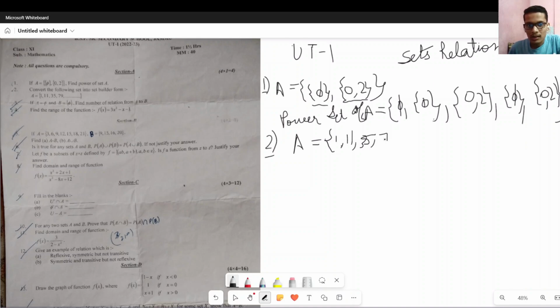All right, so we have to convert this set, which is given in the roster form, into the set builder form. That means we have to write what kind of series this pattern is, what kind of sequence, or we can say what kind of expression the series given to us in the set A is following.